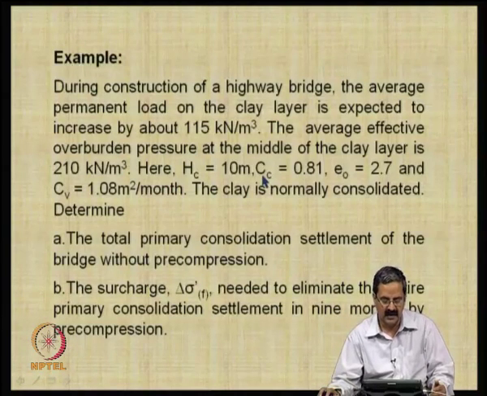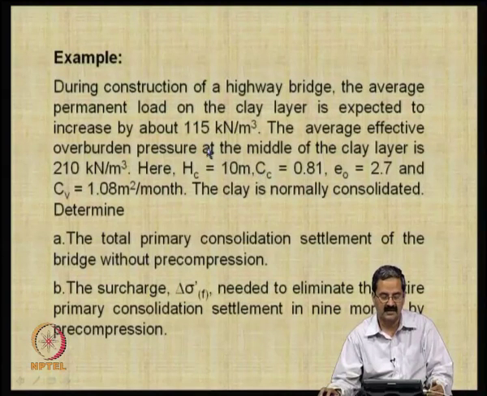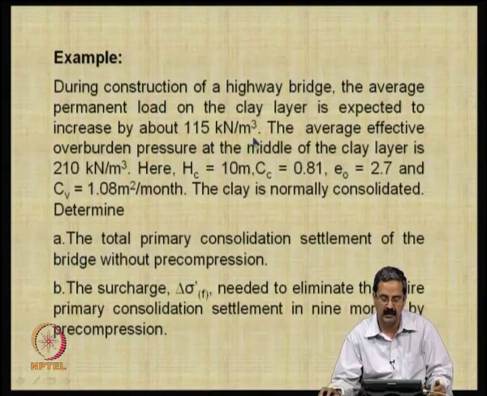As I mentioned, I gave an example last class, where you had some sort of surcharge because of the preload. In fact, you assume that there is a permanent load that can come because of the extra load, that 115 kilonewton per meter cube.